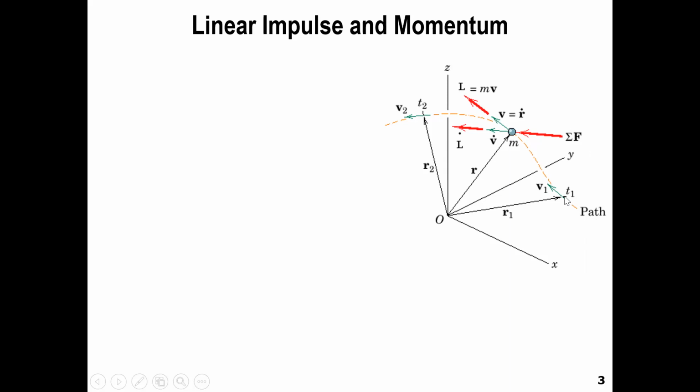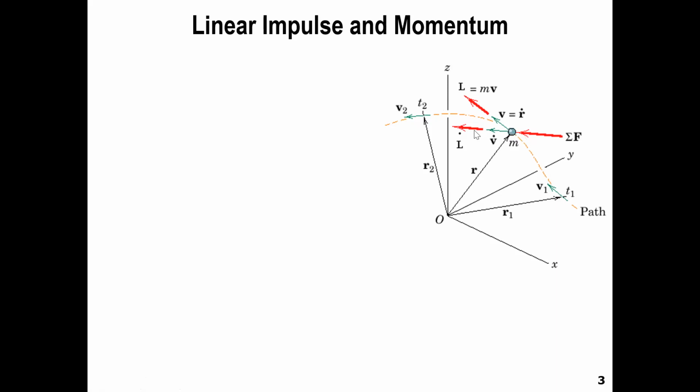Here, at time equals t1, the particle has this green vector, velocity v1, which is tangent to the path, obviously. As it moves, it reaches this point at time t2 and has this velocity v2. At any time, the particle has a certain velocity v, which is equal to r dot.